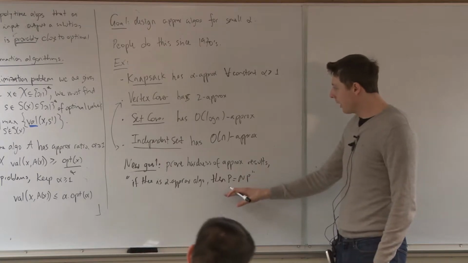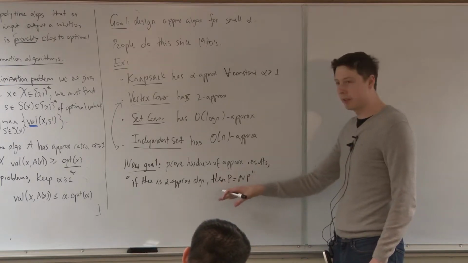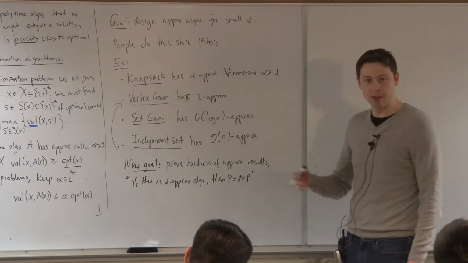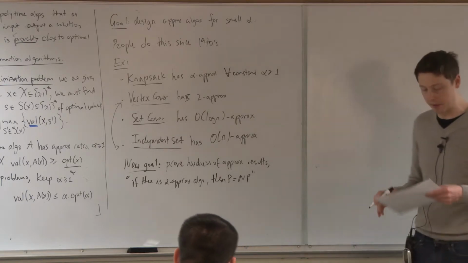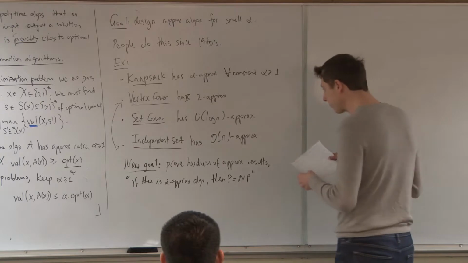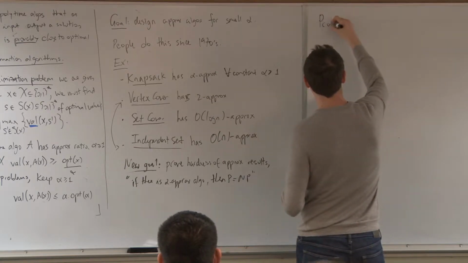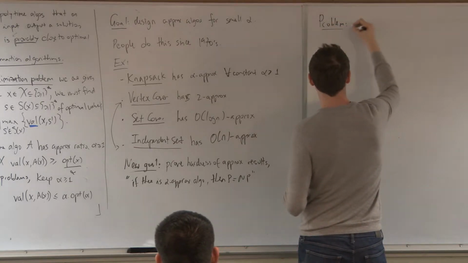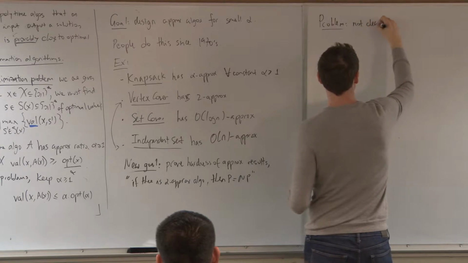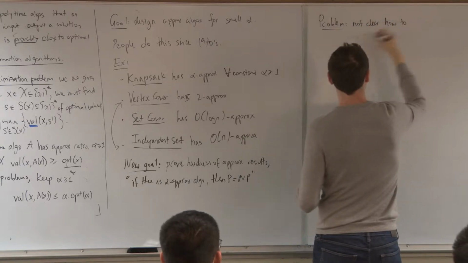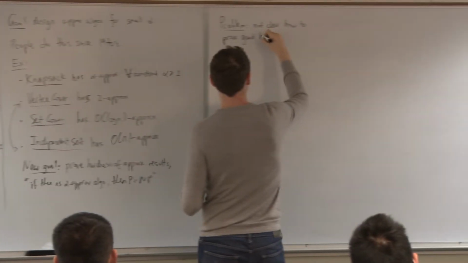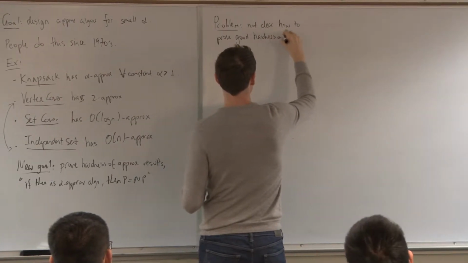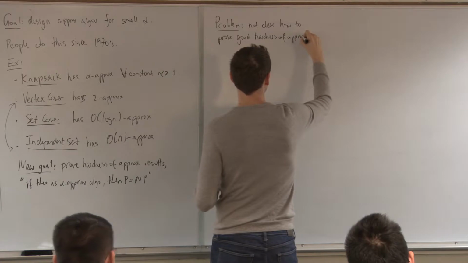And so let me try to argue at a high level why proving statements of this sort is qualitatively different than just proving NP-completeness results, okay? So the problem: it's not clear how to prove good hardness of approximation.